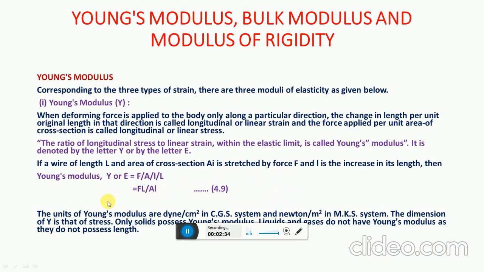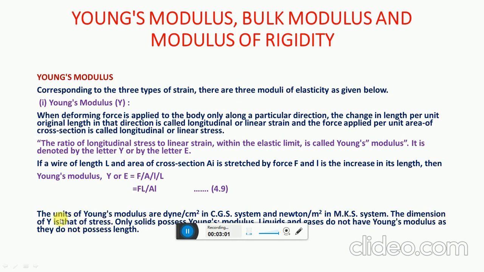When we consider the unit of this modulus according to the formula shown in 4.9, Young's modulus has units in CGS system dynes per centimeter square, while in MKS system newtons per meter square, and the dimension of Y is that of stress.